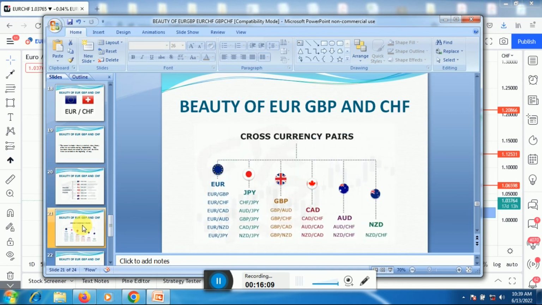Also, there are some other cross pairs that are really reliable that you can trade, that are also US dollar news proof, that do not require you to check the economic calendar now and then. To make an example, if you trade the Aussie CHF, this one as well is dollar proof.